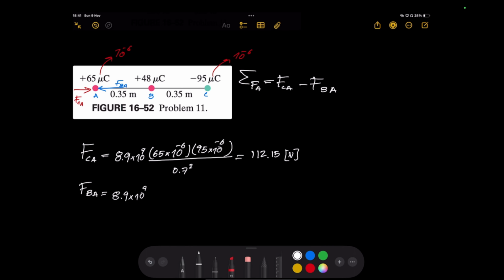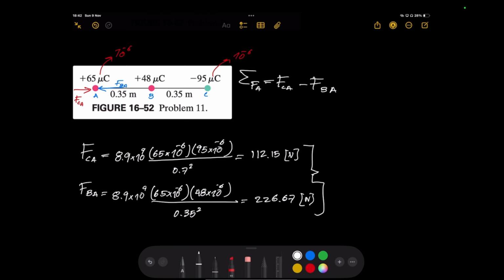Now we need to calculate the force BA, and it has the same constant value, 8.9 times 10 to the 9. The product of the charges is going to be 65 microcoulomb and 48 microcoulomb over the distance, which is 0.35 squared. That's 226.67 newtons. Now we can continue using this formula.